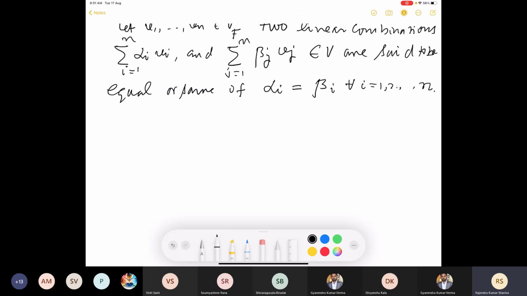So you can see as follows. Let V over F be a vector space.